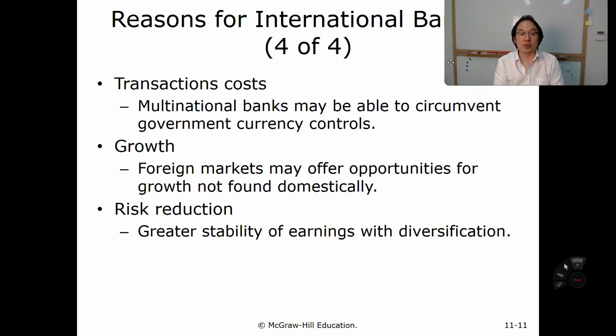Transaction costs, right? Multinational banks may be able to circumvent government currency controls. The transaction cost part you'll get to a little later, but largely it's because you are accessing the global financial center, right?